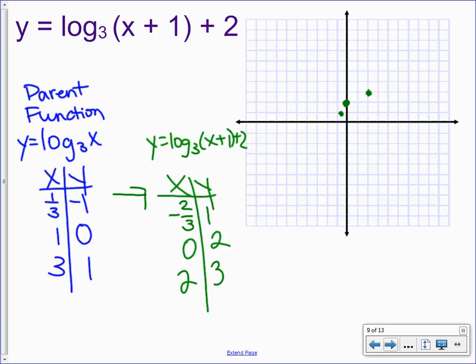I want you to think carefully here before we draw our curve. Is our asymptote still at x equals 0? No. Where has it moved? Negative 1. X equals negative 1. Since we have a vertical asymptote, horizontal shifts are going to move that around. So since we had a shift to the left 1, our asymptote will be shifted to the left 1.